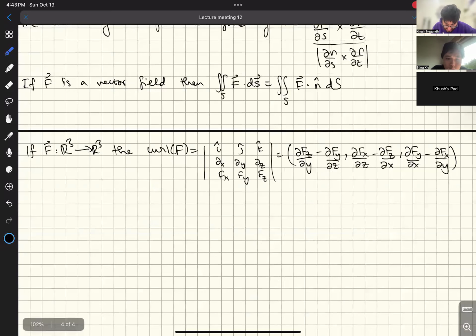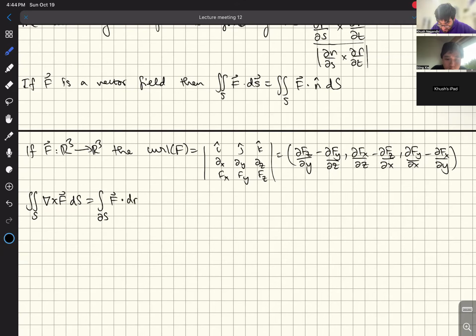So now the integral over a surface of the curl of f is equal to the integral over the boundary of just f, it's just the line integral of f. So we again have a theorem of the form: integral of derivative equals integral over a lower dimensional object of just the thing.